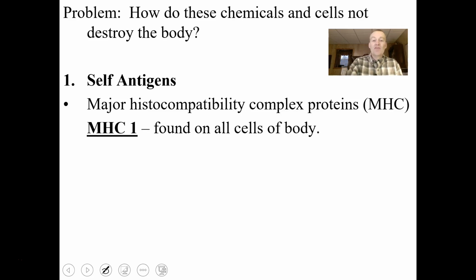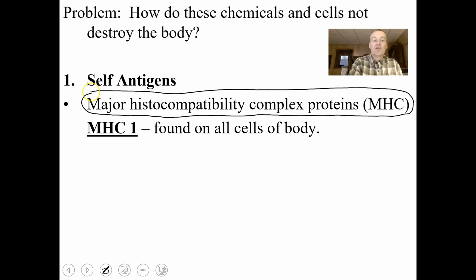Every cell in the human body has proteins on the surface called major histocompatibility complex proteins. Every cell has MHC1, major histocompatibility complex 1, and this is a marker that will help T cells and B cells understand what's going on inside of our body cells.